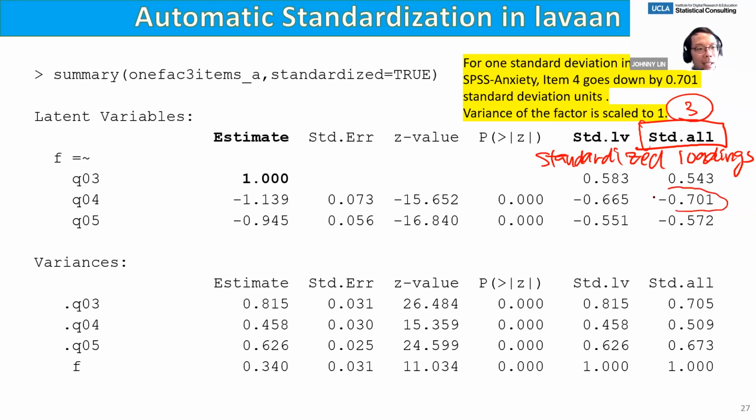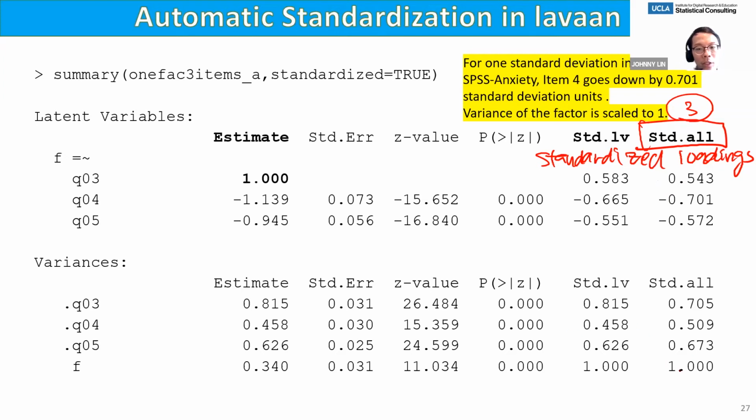We can say that item 4 has the highest loading, in magnitude. The sign tells us the relationships between the items. So basically, item 3 has a positive relationship with SPSS anxiety, and items 4 and 5 have a negative relationship with SPSS anxiety. You have to check if you have some reverse coding going on, because ideally you don't want the signs to flip.